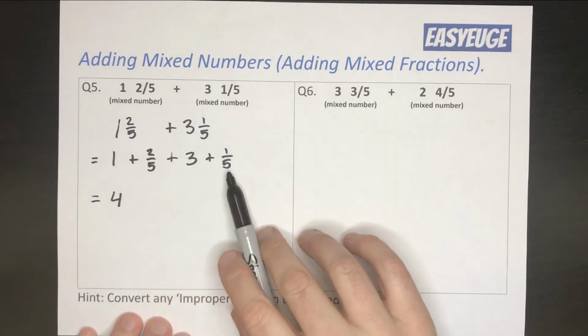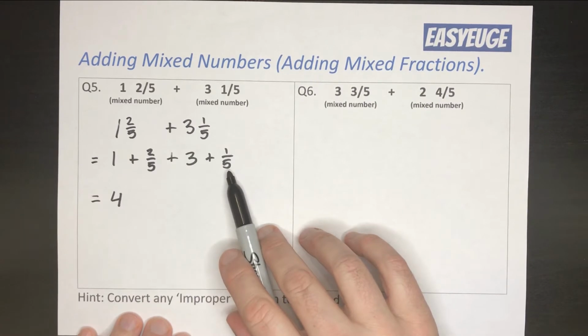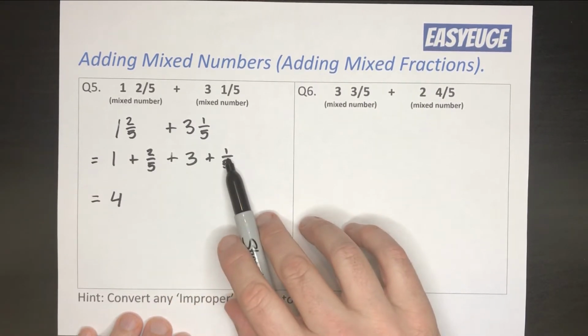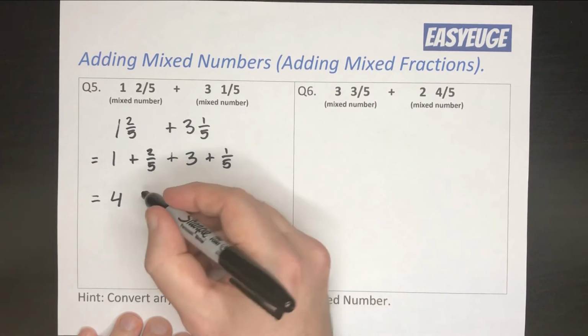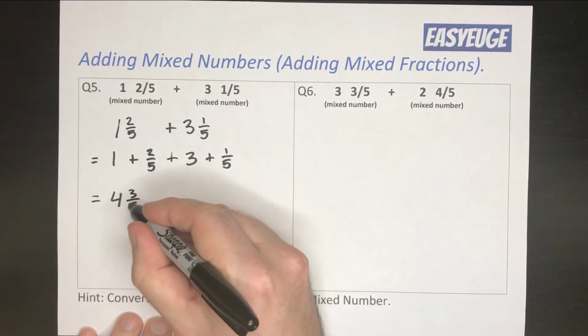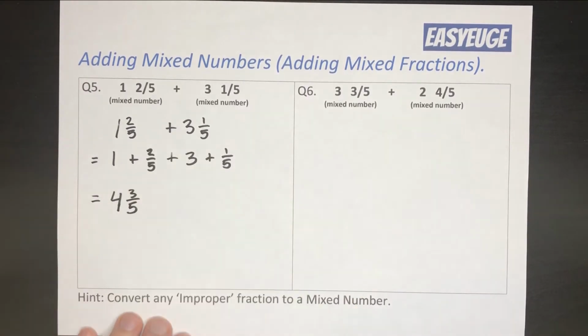So as long as the number on the bottom is the same, the denominator, we can simply add the top numbers. So 2/5 and 1/5 is 3/5. And the answer is 4 and 3/5.